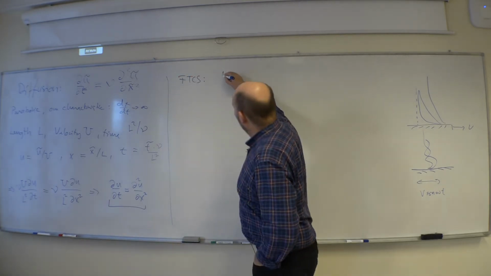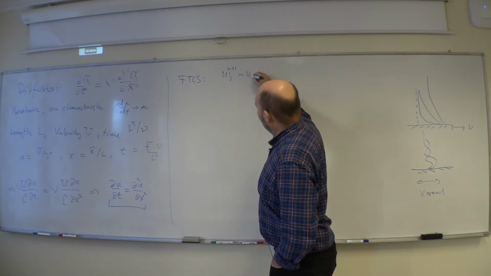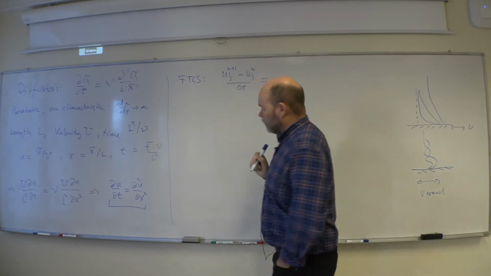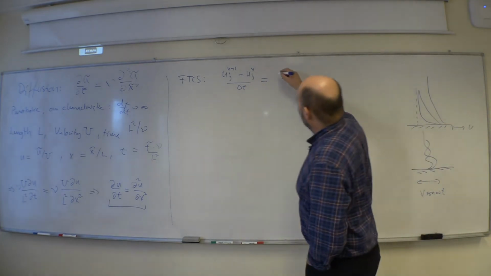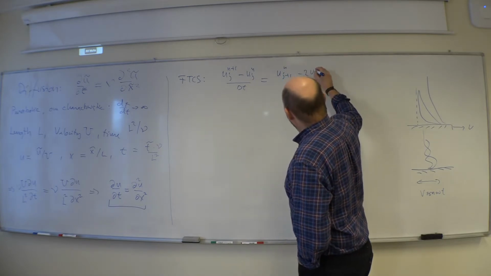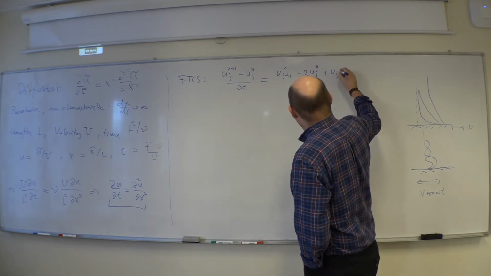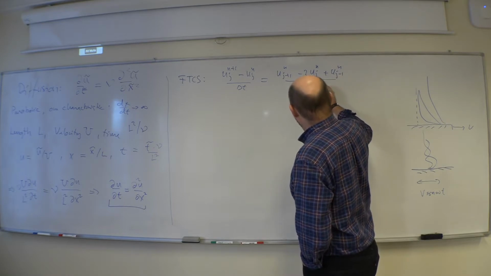You will have center point, time level n plus 1, minus the old one, divided by delta t, equal, and then on the other side, now double derivative, which reads j plus 1 minus 2 times center point plus j minus 1 divided by delta x square.